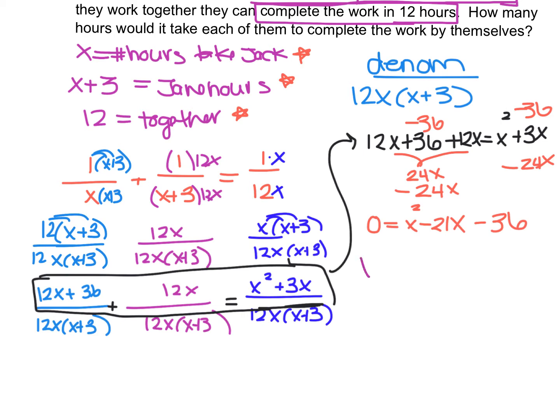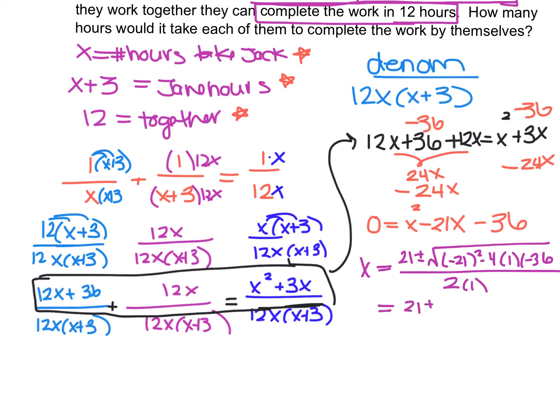So we have X equals negative B, so 21 plus or minus the square root of negative 21 squared minus 4 times 1 times negative 36, all over 2 times A, which is 1. So if we do the square root part, we have negative 21 squared minus 4 times 1 times negative 36. So that becomes 21 plus or minus the square root of 585 over 2.